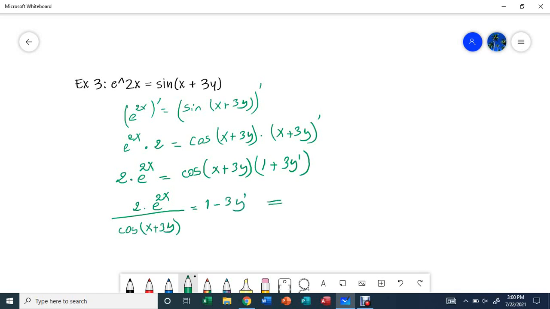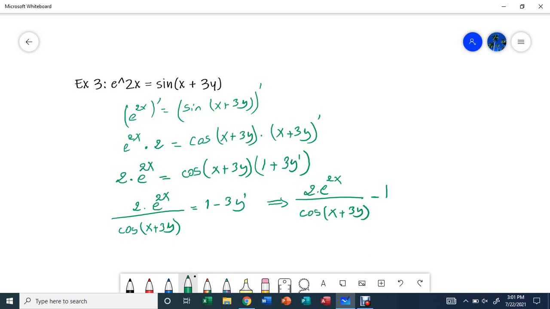And then subtract 1 from both sides. So 2 times e power 2x divided by cosine of x plus 3y minus 1.